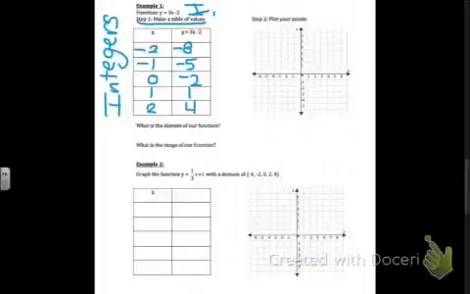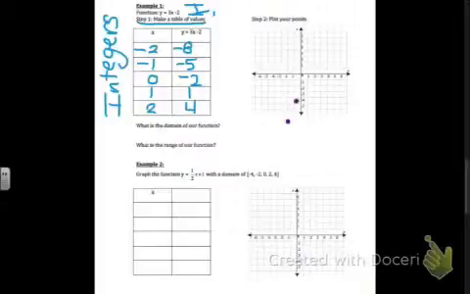Then we're going to plot those points. So you'll plot -2, -8. So -2, 2 to the left, and down 8: 1, 2, 3, 4, 5, 6, 7, and it's a little off down the bottom with 8. And then we've got our -1, -5, so 1 to the left, down 1, 2, 3, 4, 5.